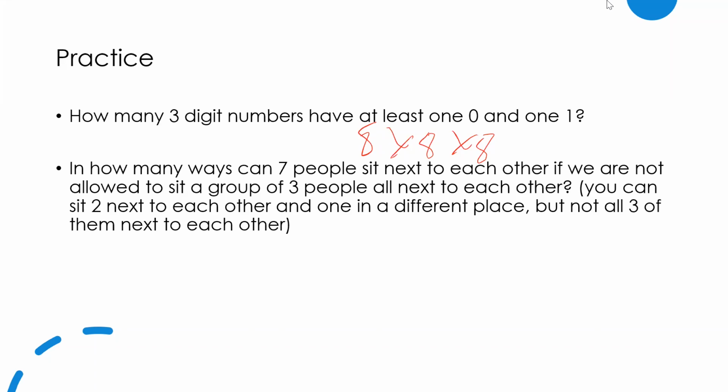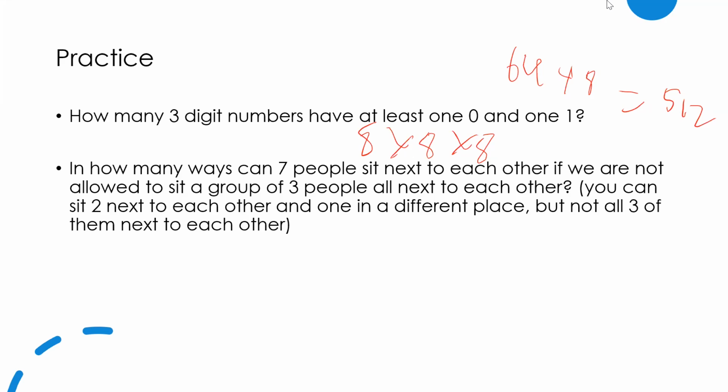then that would be 64 times 8, which is 512. And this is the number of three-digit numbers that have no zeros or ones.